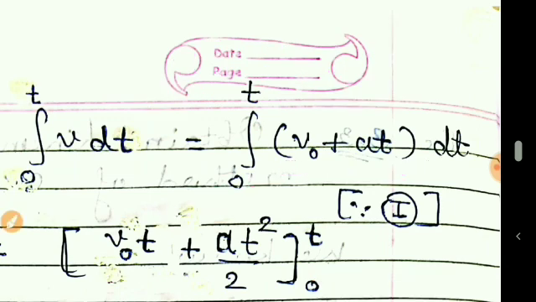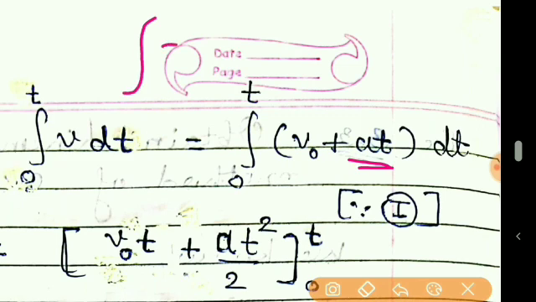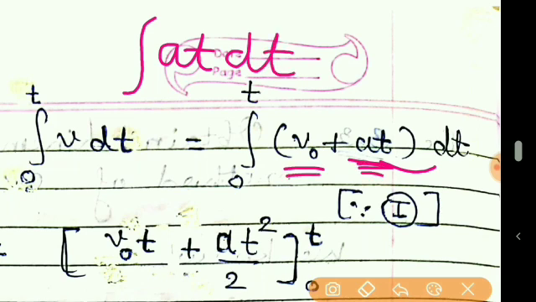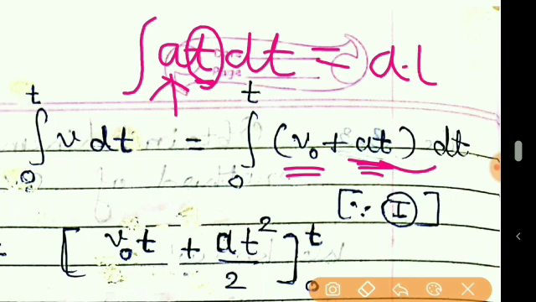Now for the second term, the integration of at. So once again look here, integration of at dt. We write it like this because we are doing separate integration. So a is constant, so it is taken out. This a is constant, which is taken out, and now what remains inside? Only t dt. Integration of t is t square by 2.